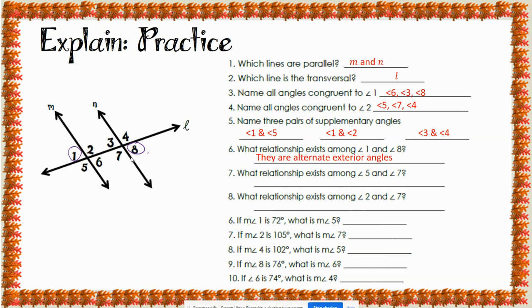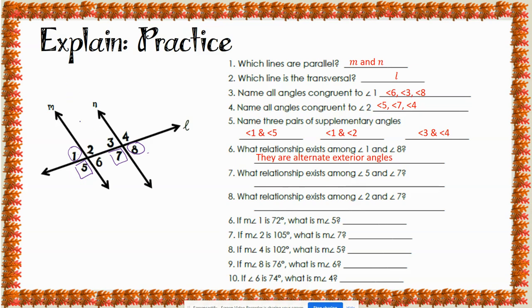Now let's look at the relationship between angle 5 and angle 7. Angle 5 is right here, and angle 7 is right here. Well, I need to know the relationship between those. Now, angle 5 is an exterior angle, and angle 7 is an interior angle. So that's not really going to help me. So I'm going to need to figure out something else.